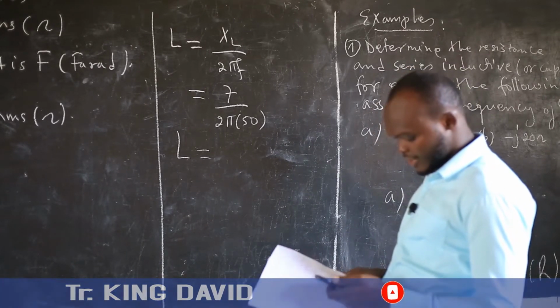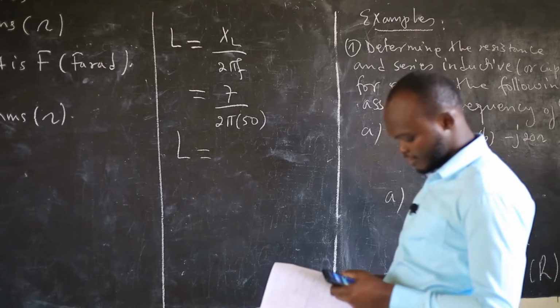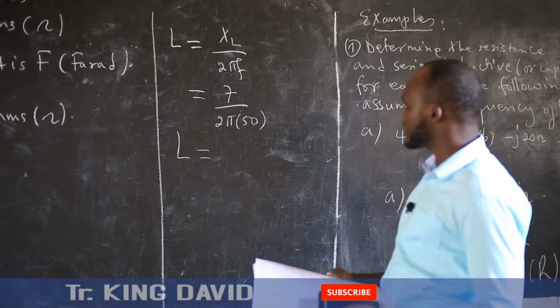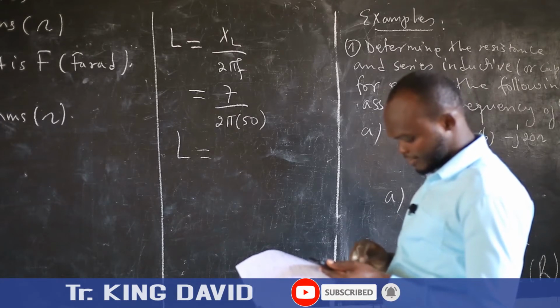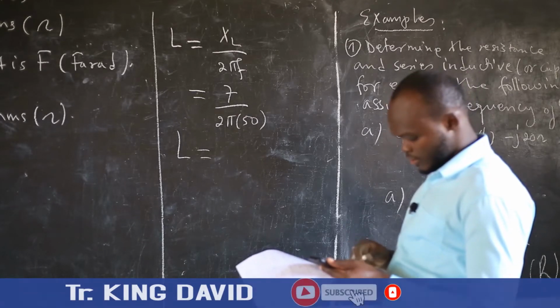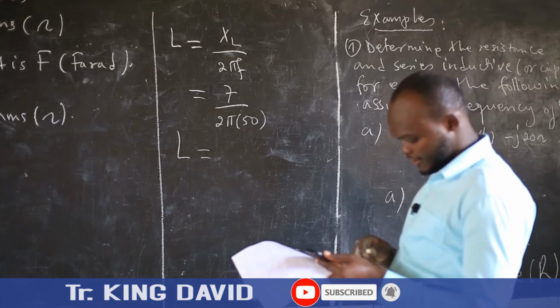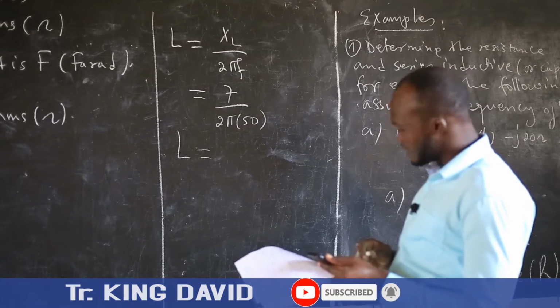we are going to take 7 divided by, in brackets, 2 pi times 50.